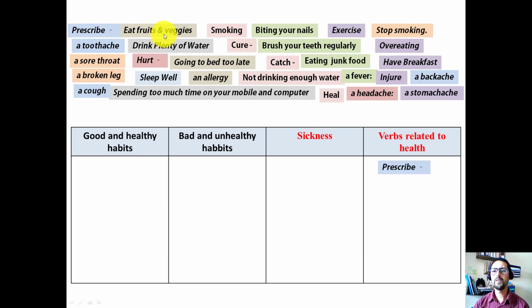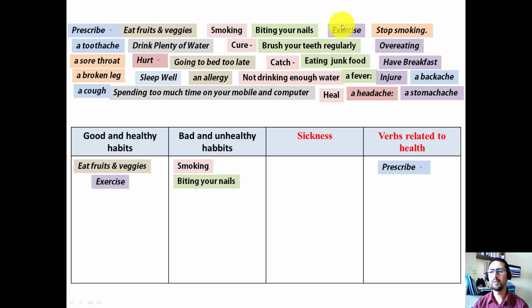Eat fruits and veggies, good habit. Smoking, bad habit. Biting your nails, bad habit. Exercise, good habit. Stop smoking, good habit. A toothache, sickness. Drink plenty of water, good habit.